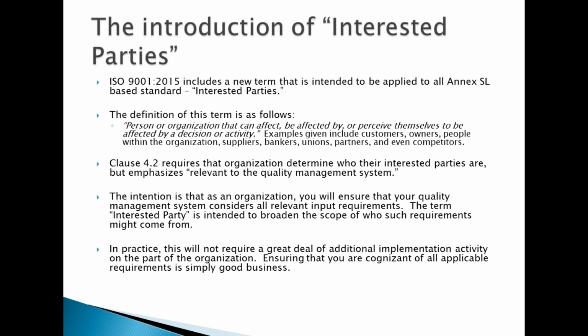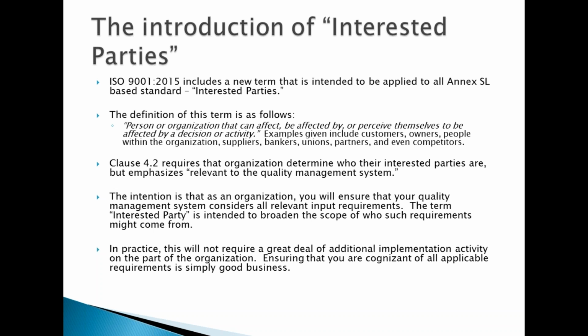Okay, let's talk a little bit about the idea of interested parties. In Annex SL, they introduced this phrase, interested party. And the term appears in a couple of different places in the standard in 9001:2015. So let's start with the definition.